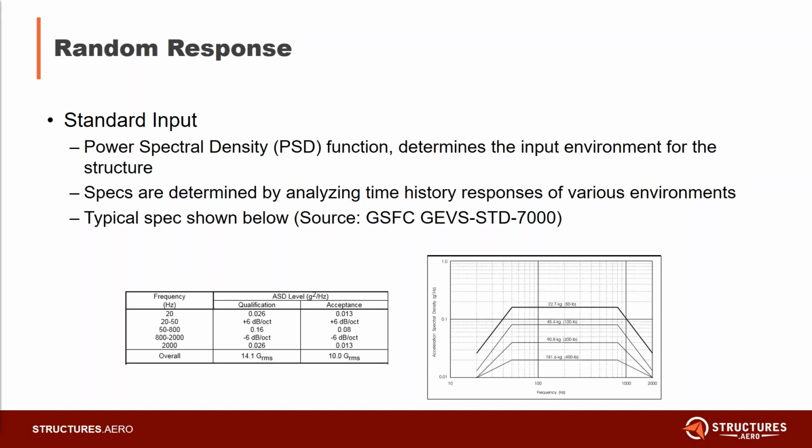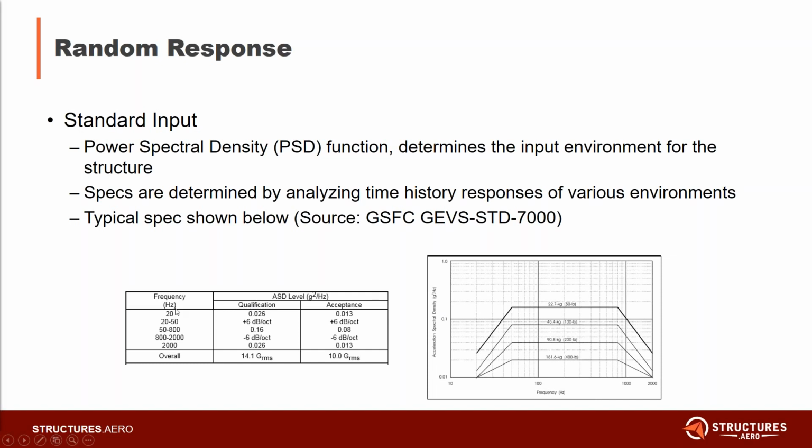In this case, I'm using a Goddard Space Flight Center spec, the GEVS qualification level, where it develops this kind of ramp to try and ensure that you're covering your system against acoustic loads and other cases. And this is an extremely conservative spec. So you're going to see very high loads on our system, but it's one spec that you might use as an input. It will be our particular input for the system.